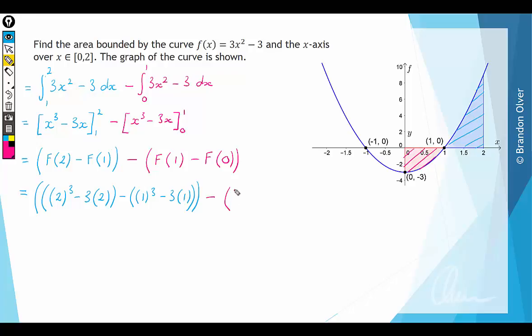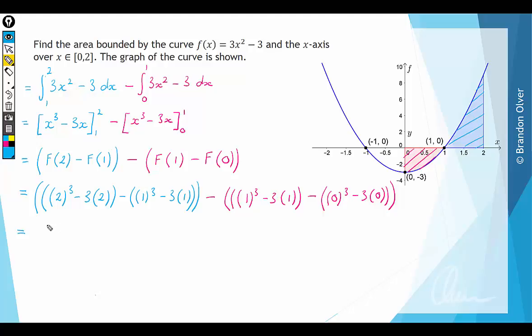So we substitute in f of 1, which is going to be 1 to the power of 3, take 3, and then we subtract away from that 0 substituted in, so we're going to have 0 to the power of 3, subtract 3 times 0. And now we just need to simplify that down.